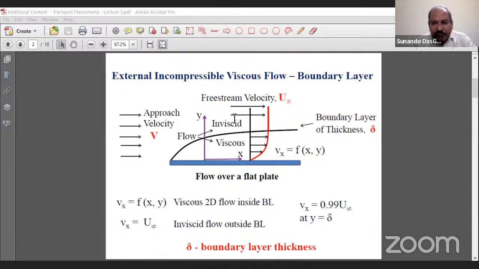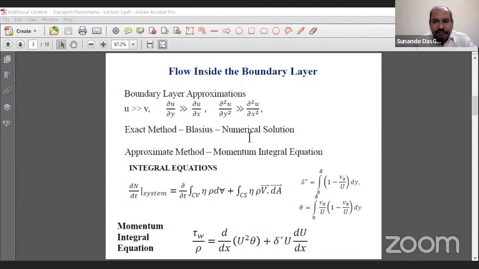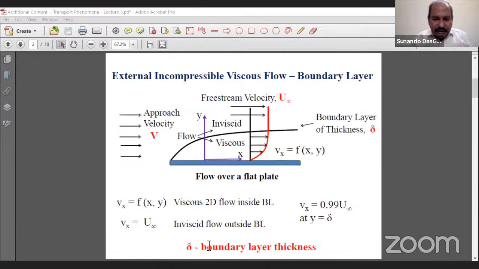As a result, the free stream velocity will keep on increasing, and this increase can be obtained using Bernoulli's equation, and that's what I think your question is. So for a flat plate, no variation in u infinity. For a curved surface or flow between parallel plates, u infinity keeps on increasing as we move in the x direction. So let me just draw this picture once again.